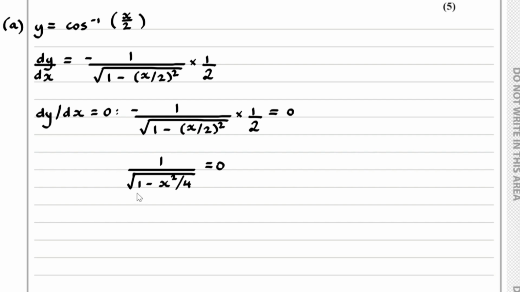And if I times through by the square root of 1 minus x squared over 4, we end up with 1, which is equal to 0. This here is a contradiction. And so what we can conclude from then is C has no stationary points.